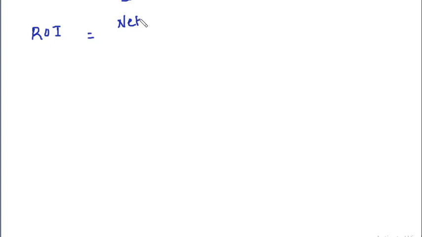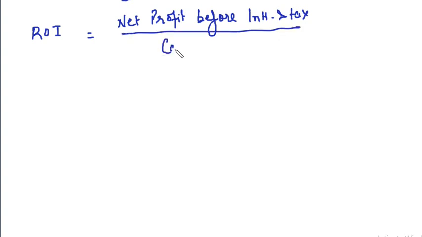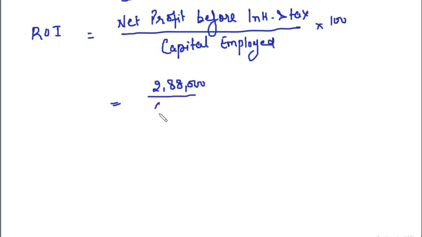Return on investment is equal to net profit before interest and tax divided by capital employed multiplied by 100. What is the net profit before interest and tax? 2,88,000. What is capital employed? 6 lakhs multiplied by 100. So this comes to 48%.